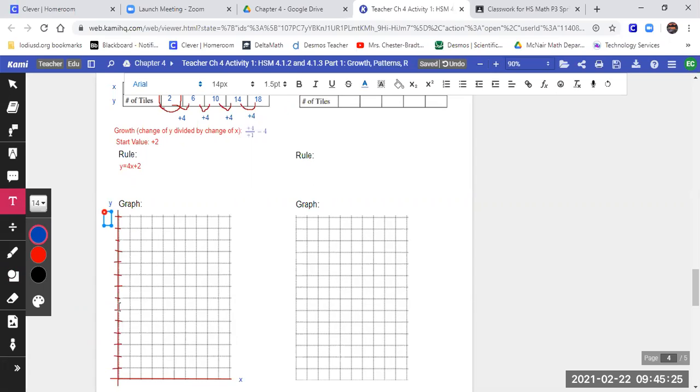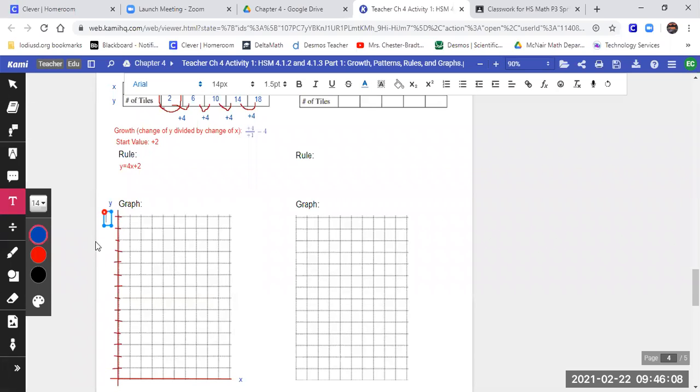Count them, 2, 4, 6, 8, 10, all the way out to the top. 2, 4, 6, 8, 10, 12, 14, 16, 18, 20, 22, 24, 26.